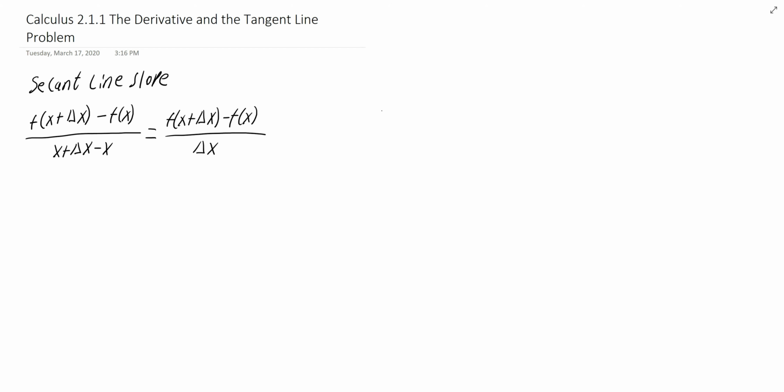Basically, if I was to draw, let's say, this function here, it's kind of like a parabola. This is pretty awful, but you can see it's a function like this. Let's say here's our x-axis, and this right here is x, and this right here is x plus delta x.